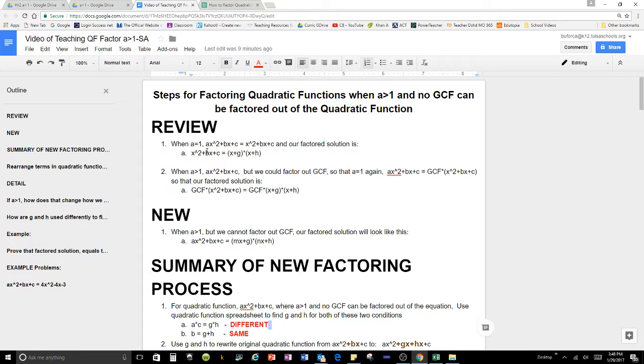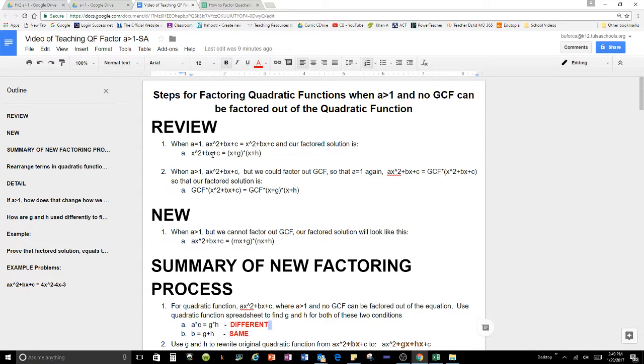And so that's pretty much how we would find the factors of a quadratic function when a is equal to 1. Again, the factored solution would be x plus g times x plus h, and we find g and h by finding a g and h such that g times h equals c, and g plus h would equal b.